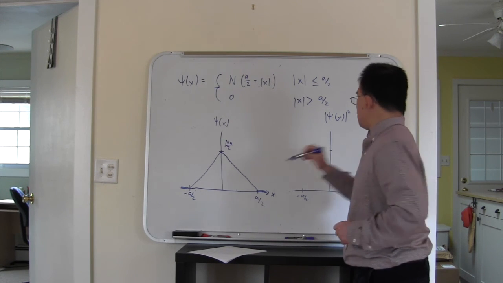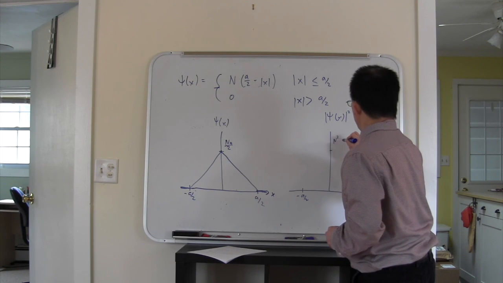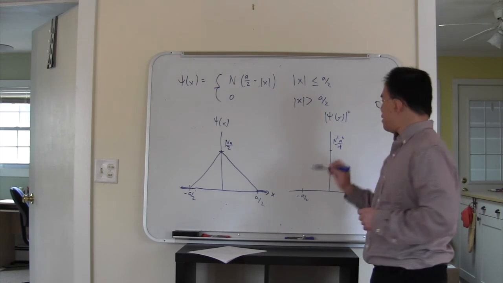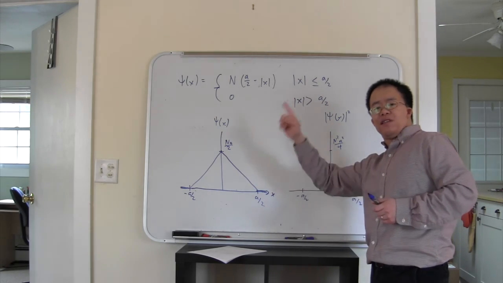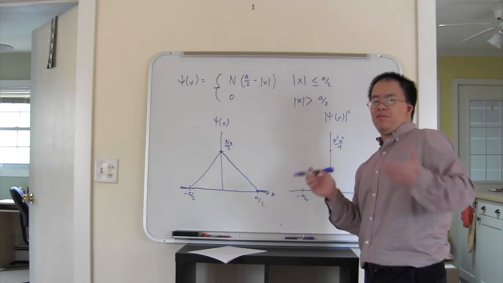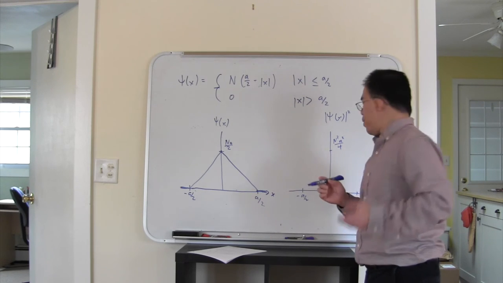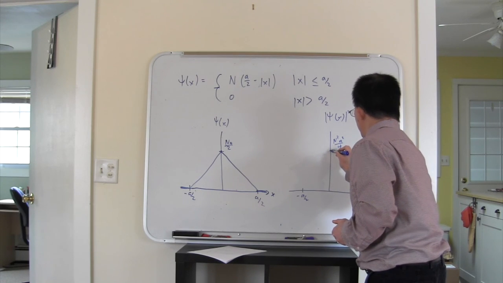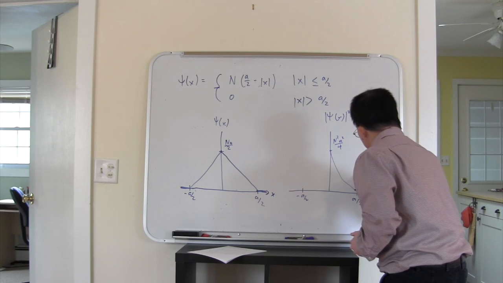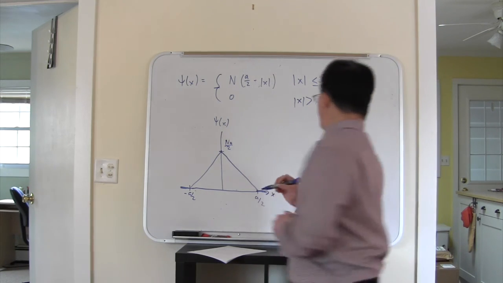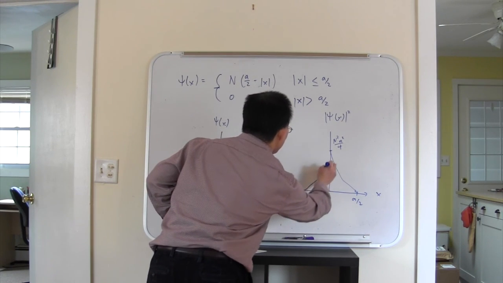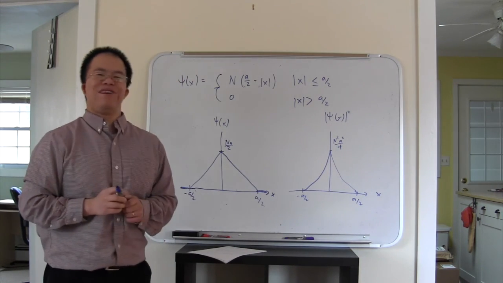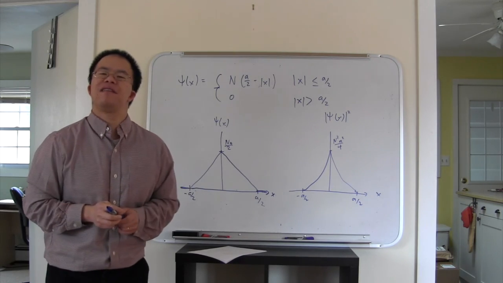If we square this, it gives us n squared a squared over 4 at x equals 0. If I square a function that's linear, I'm going to get something that's quadratic, right? So I'm going to get a segment here that's part of a parabola, something like that. And on the other side, again, part of a parabola. That's not super even, but I think you get the idea.